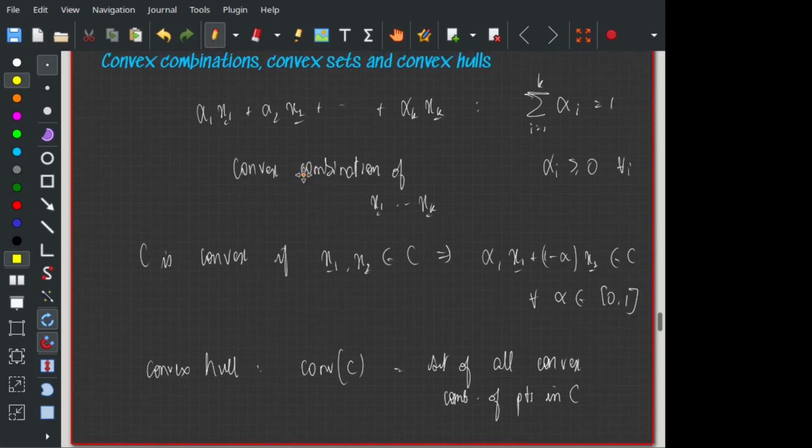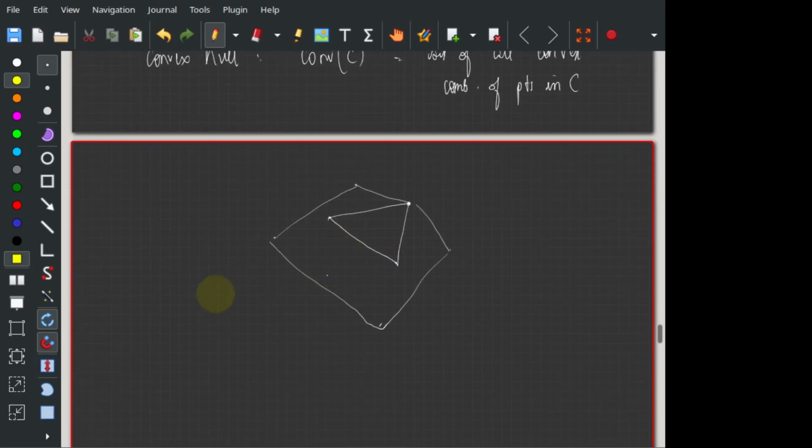Right? And the set is convex if it's closed under convex combinations. Basically, you take any two points within the set, the line segment joining these 2 points should also be in the set. So at least pictorially, for example, if I draw a set like this, is this going to be convex? No, right?